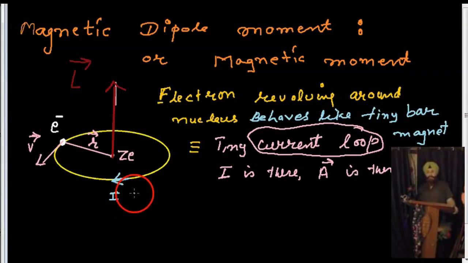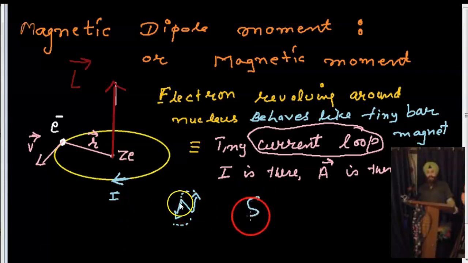So it becomes a tiny magnet, a small magnet. Remember, like this is north, and put the arrow like this, and now the arrow shows the direction. Which direction? Anti-clockwise. So anti-clockwise current behaves like a north pole.